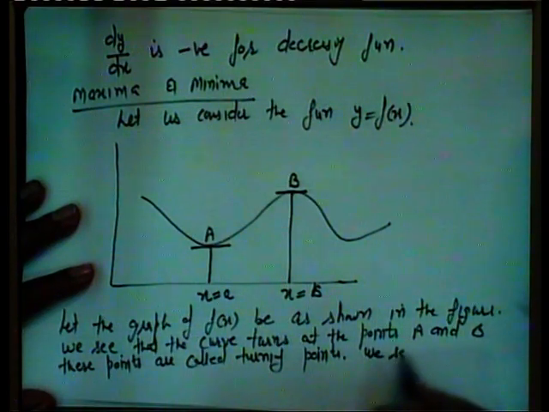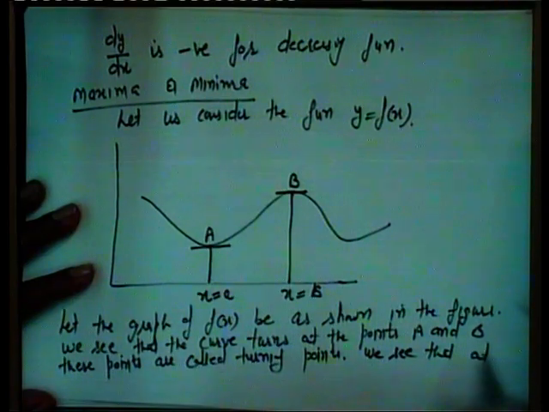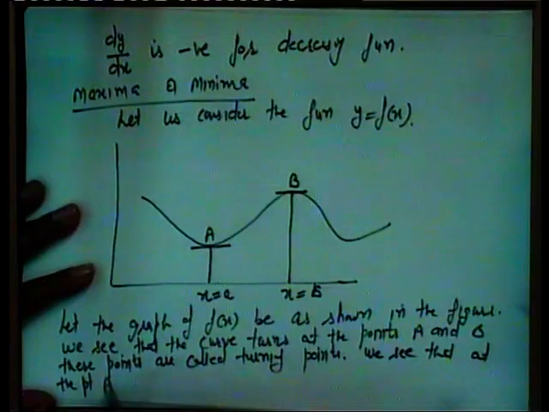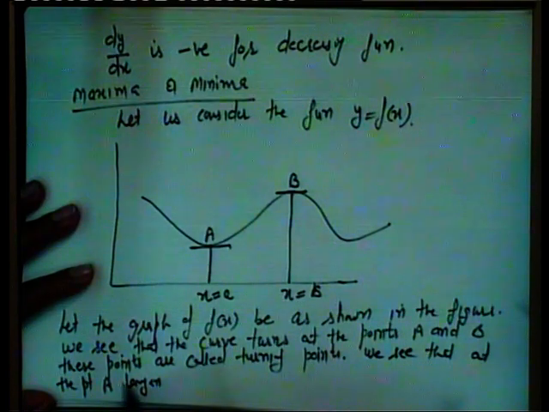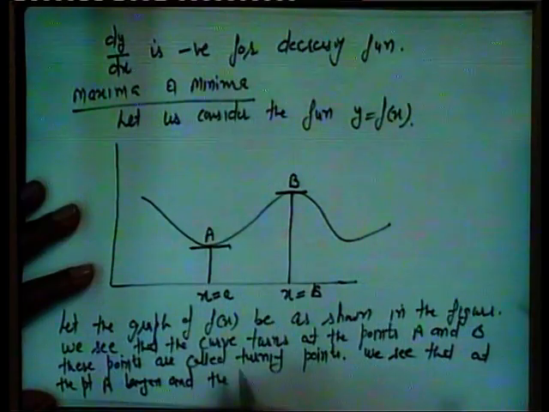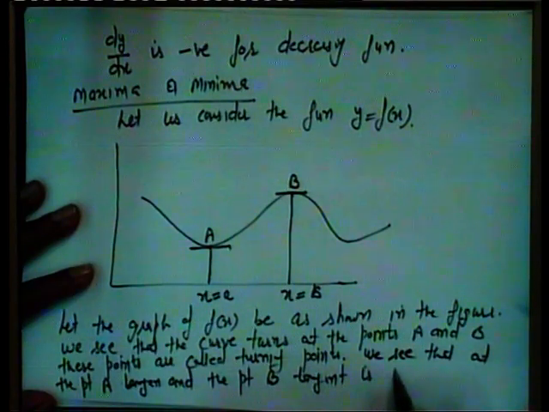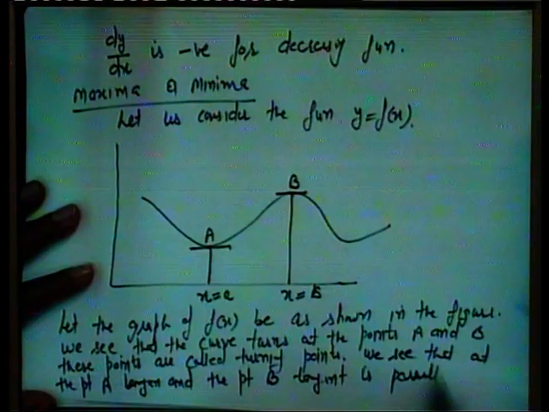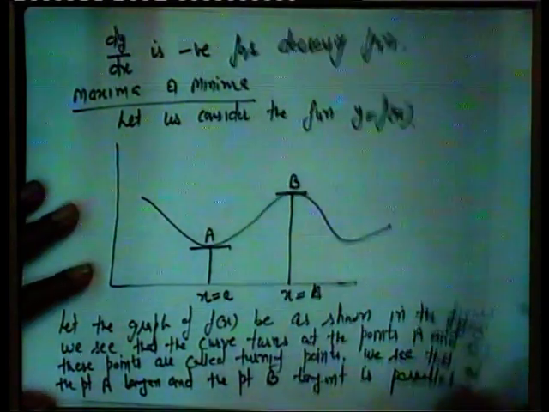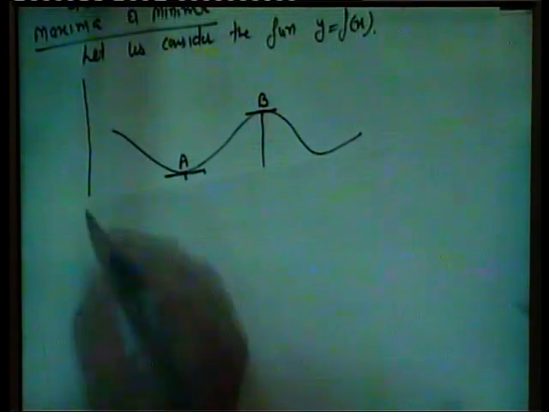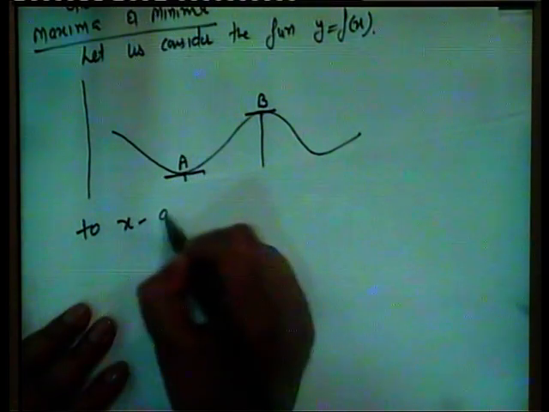We see that at the point A, tangent is parallel to the x axis, and at the point B, tangent is parallel to the x axis.